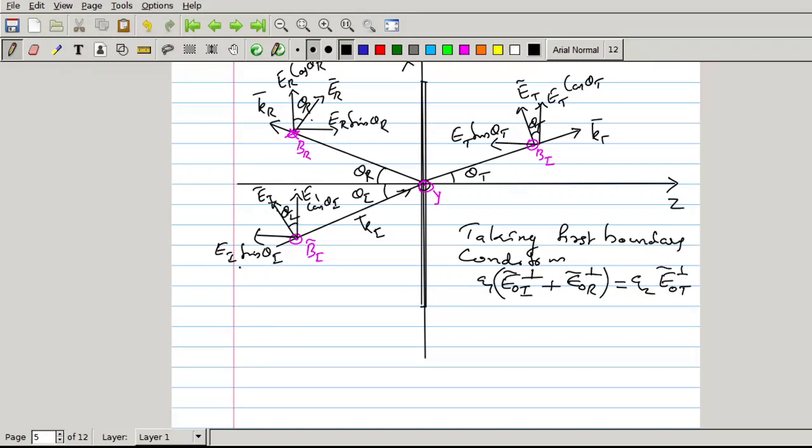So instead of this one, I can write it as epsilon 1 into E0I. Its perpendicular component will be sin theta I, but it is along the negative z direction, so I will give a negative sign here, minus. Then plus E0R.